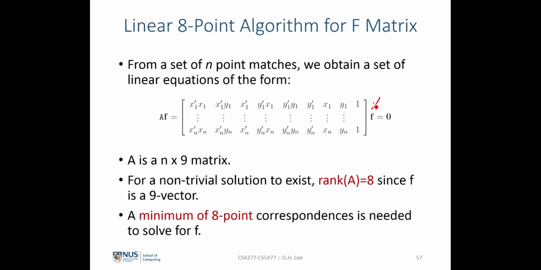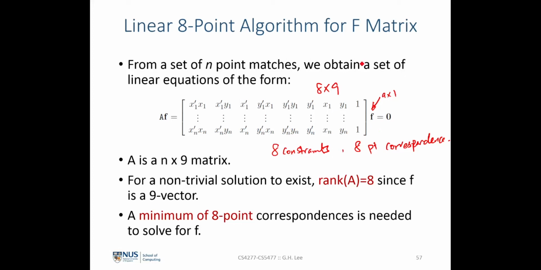Since we know that F here is a 9 by 1 vector, by making use of at least 8 constraints, this means that we have 8 point correspondences. And each point correspondence is going to give us a row multiplied by F over here. So we simply stack these correspondences together, forming at least an 8 by 9 equation over here in order for this null space equation to be valid.